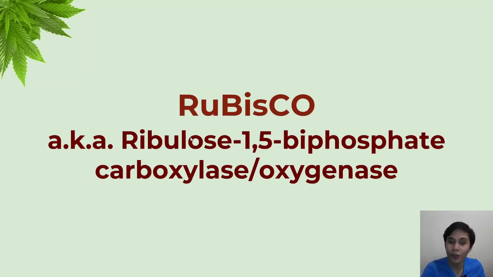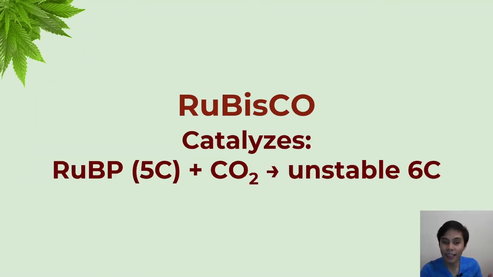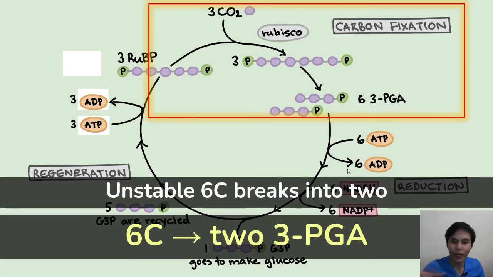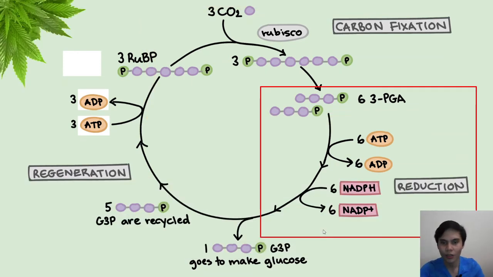Your ribulose bisphosphate is being carboxylated, or having carbon affixed to it from carbon dioxide. So it catalyzes the reaction of ribulose bisphosphate, a 5-carbon compound, with carbon dioxide to form an unstable 6-carbon compound, which breaks down into 2 3-PGA molecules. Again, our product after carbon fixation is 3-PGA molecules.